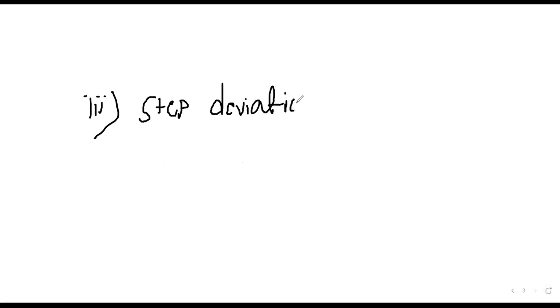And the third method is the step deviation method.